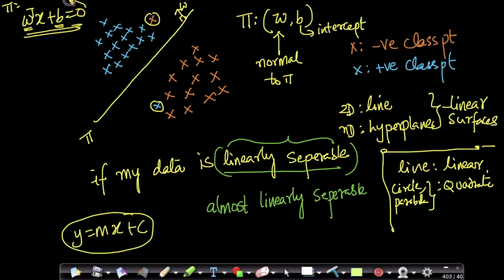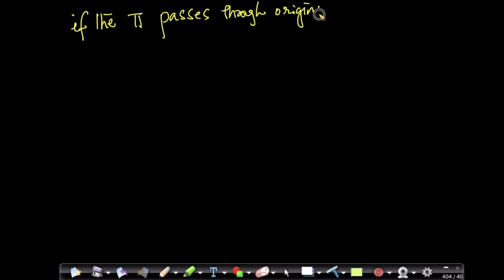We discussed the equation of a plane, and we also said that if the plane pi passes through the origin, b equals 0, which means the equation of the plane becomes W transpose x equals 0.